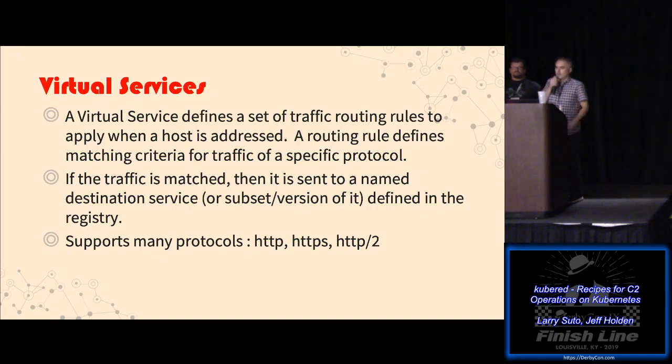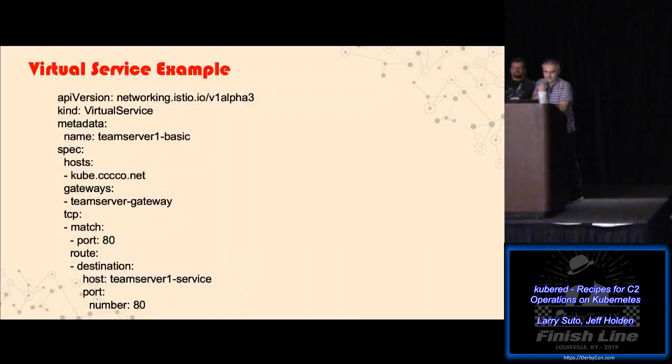And then you can attach multiple domains to each Ingress controller. You can register a whole bunch of domains on one Ingress controller, and depending on which host a beacon or implant is checking into, you can route it to a very specific backend.